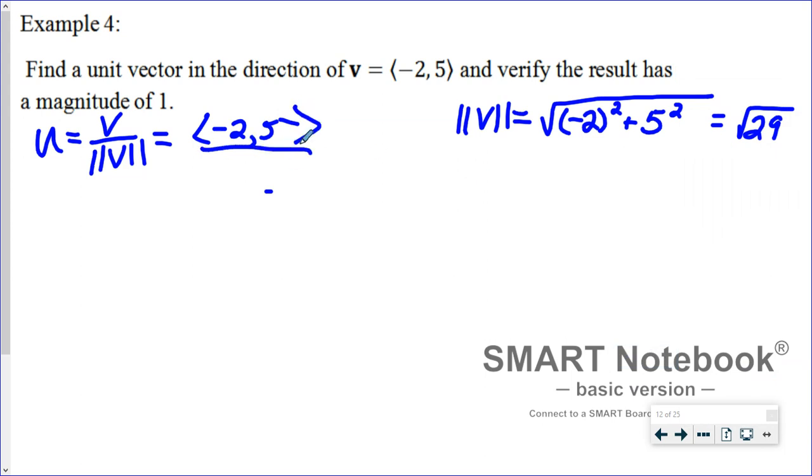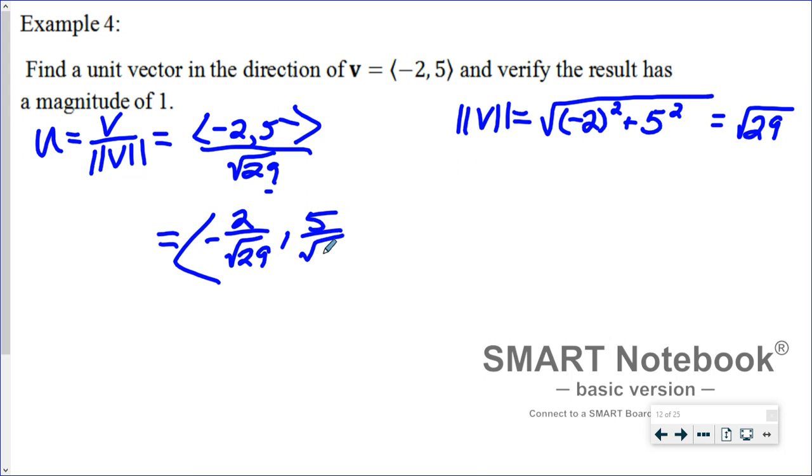And this will just be divided by the magnitude, which we already found is the square root of 29. So this really just equals negative 2 over root 29, comma 5 over root 29.